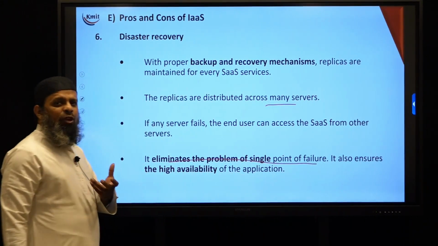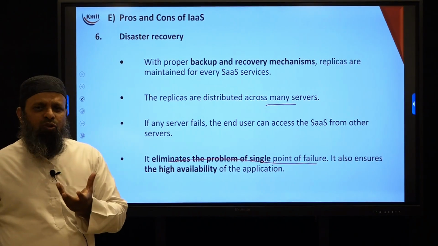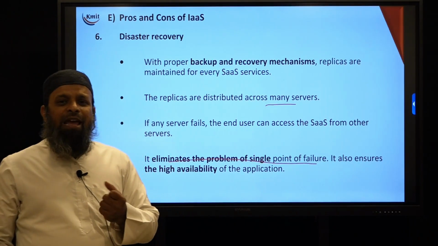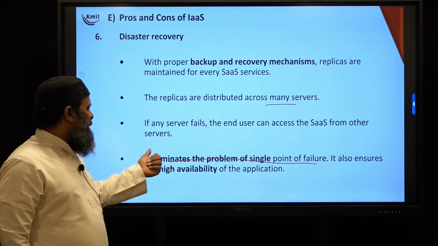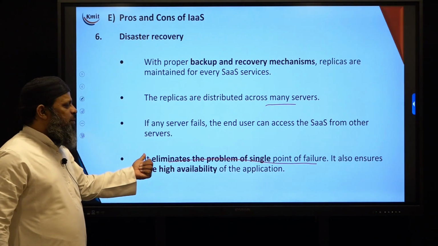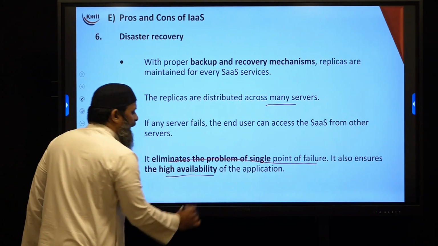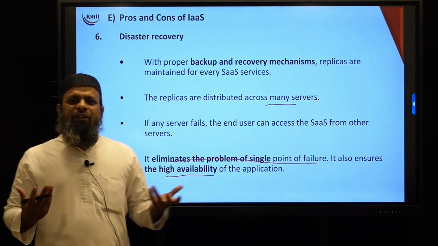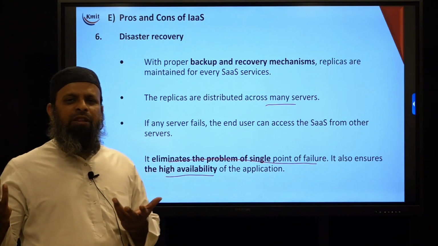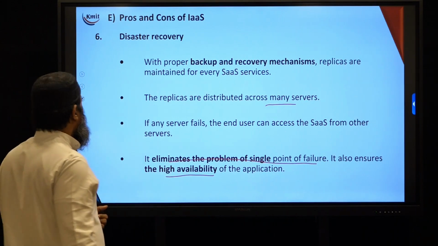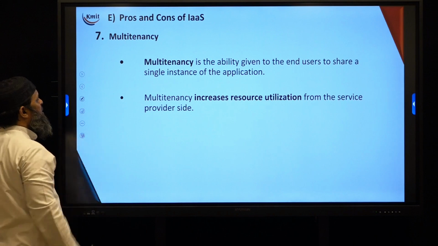It means if you have your data available on only one server, and that server is not working, you may not get the data. But as replicas are made and data is distributed across different servers, the replicas are available. So it eliminates the single point of failure, and also ensures high availability. Even if 2-3 servers fail, one more server will be there where the data will be available, and then you can get your data. So disaster recovery is done. So this is one more benefit.